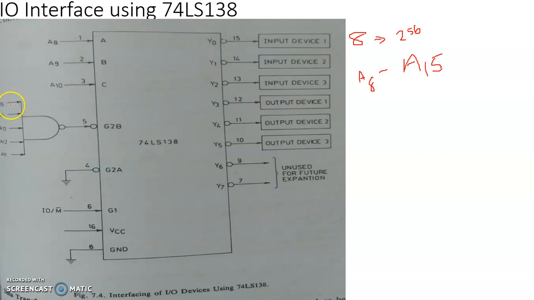Suppose any among these is 0, then the output of this gate will be high. Suppose this is 0 and all the remaining are high: 0 and 1, that is 0. 0 is being complemented here to make it 1, so that the chip will not be selected.